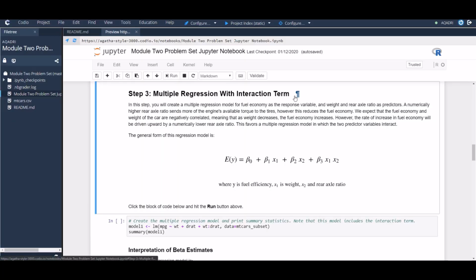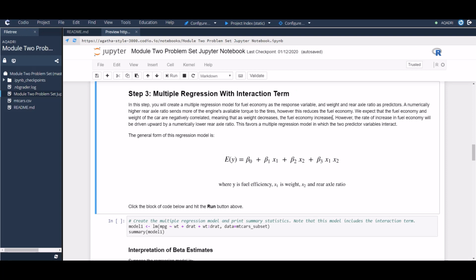Step 3 involves a multiple regression model that uses an interaction term. Let's go through this information to see why an interaction term is relevant for this model. So in this step, you will create a multiple regression model for fuel economy as the response variable and weight and rear axle ratio as predictors.